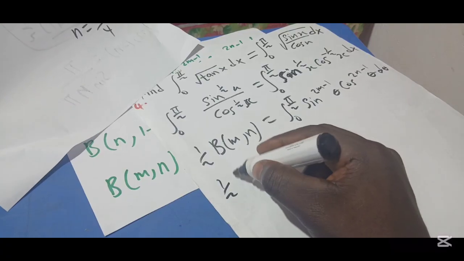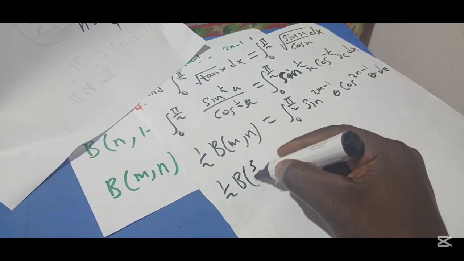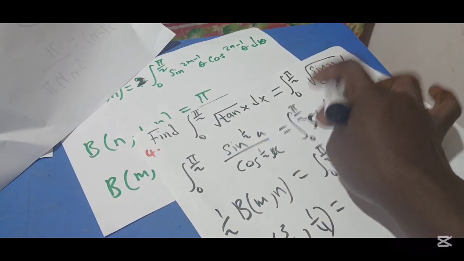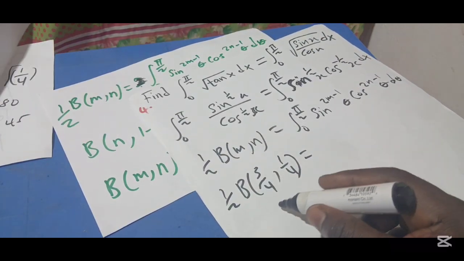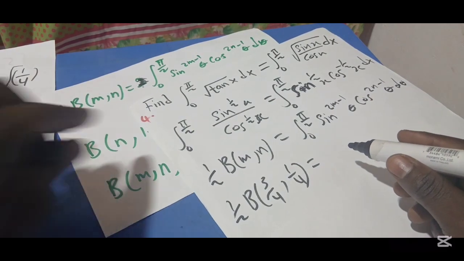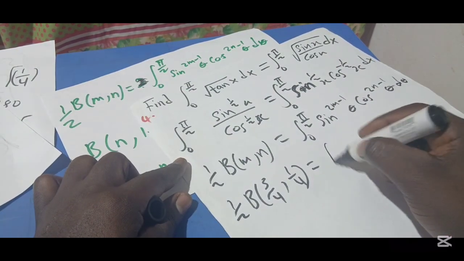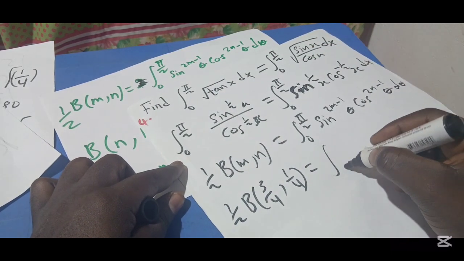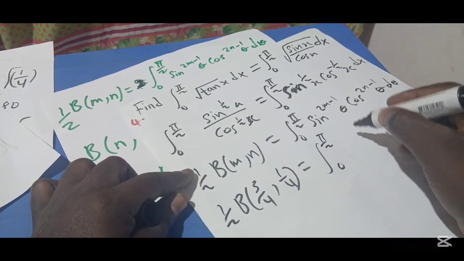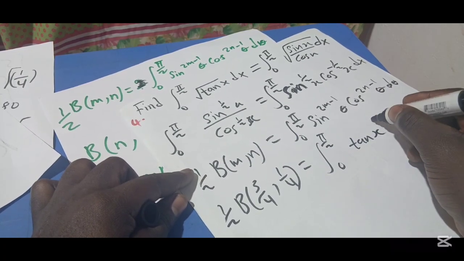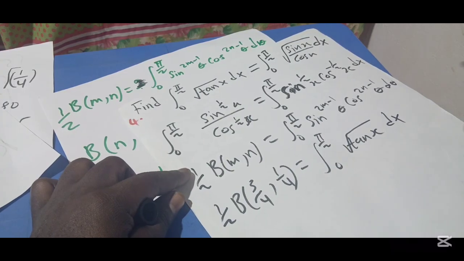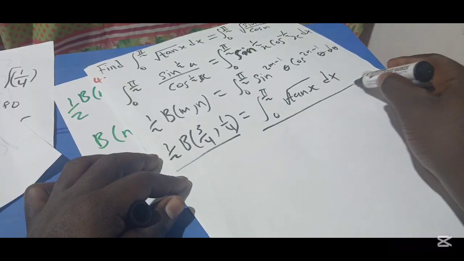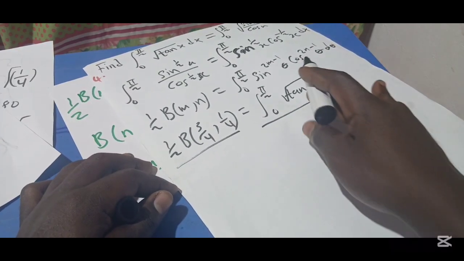So half beta of 3 on 4, 1 on 4 should be equal to our problem, because we've gotten the values for m and n from this problem, right? It should be equal to the integral from 0 to pi on 2 of tan x dx, you can represent it by this or that, it's just the same thing. So now we are going to solve this alone. The value that we get will be the solution for this whole problem.